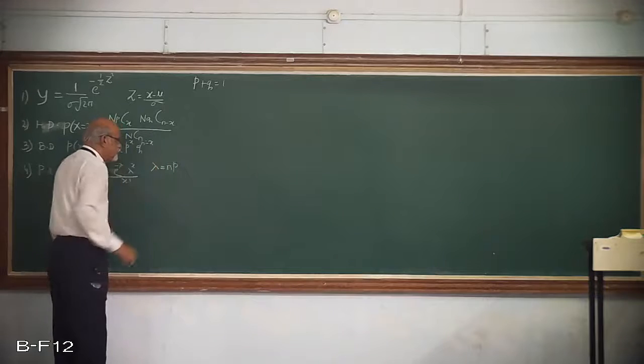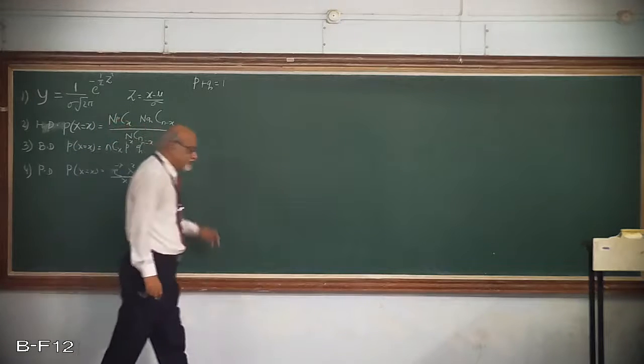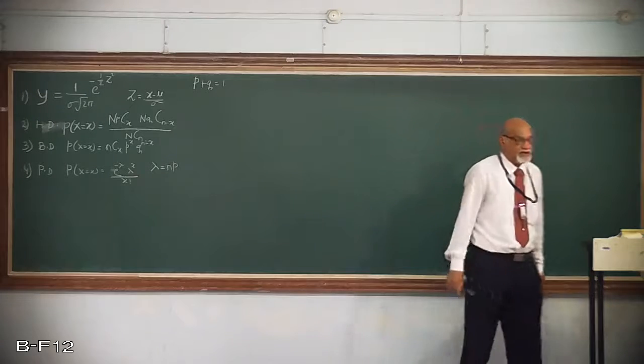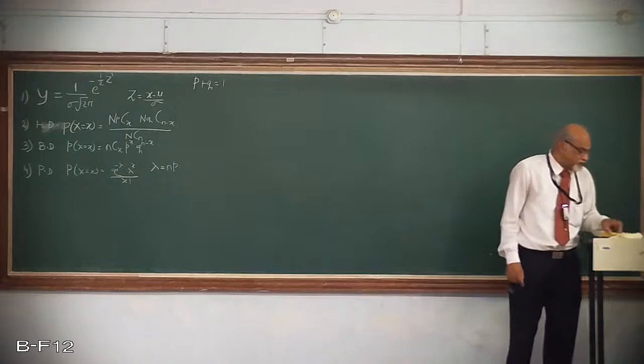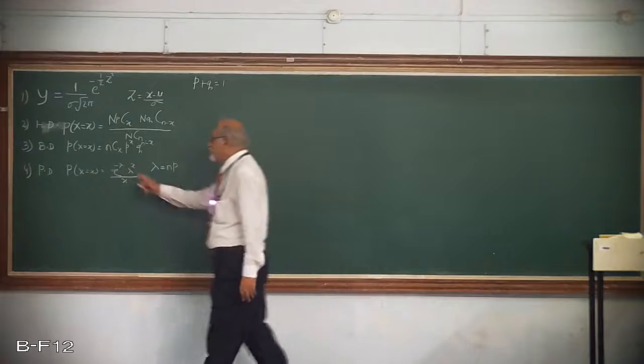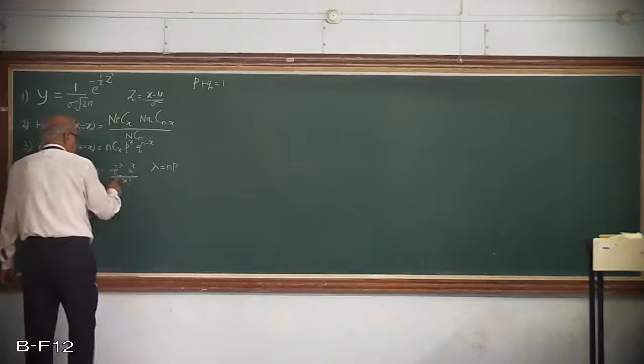That is, n is the number of items in the sample, p is again the fraction defective.